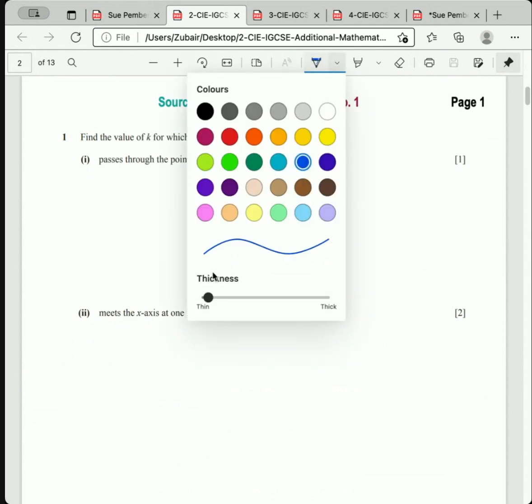Find the value of k for which the curve passes through this point. So we need to know x is 4 and y is minus 7. Minus 7 equals 4 squared, 16, times 2 is 32, minus 12.